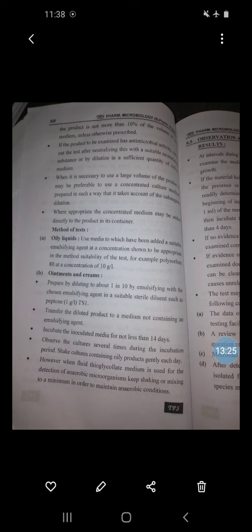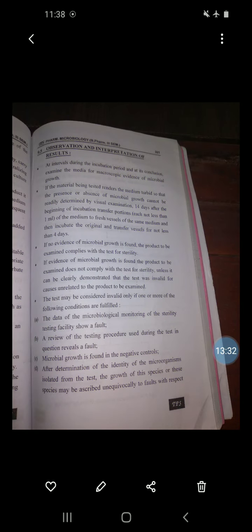Next we will see the observation and the interpretation of results. At intervals during the incubation period and at its conclusion, examine the media for macroscopic evidence of microbial growth.